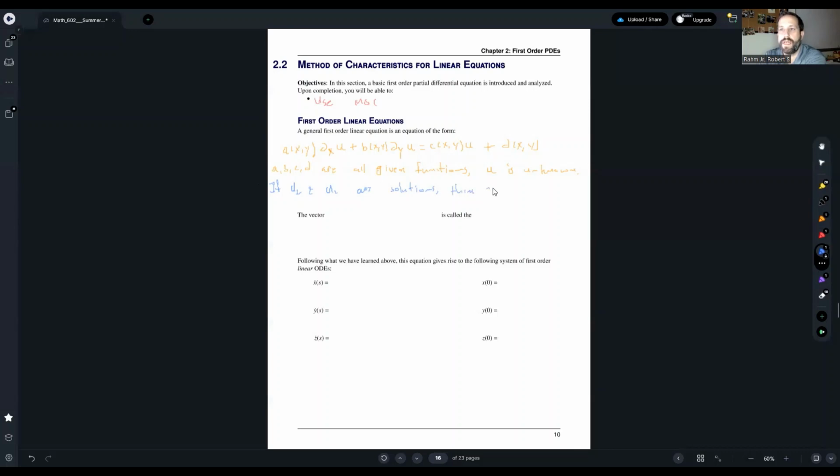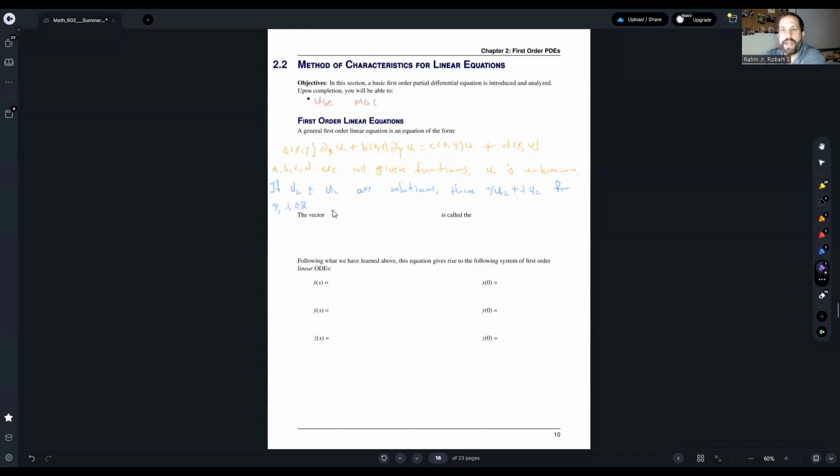So gamma u1 plus lambda u2 is a solution, for gamma and lambda real numbers. We say this is linear in u.